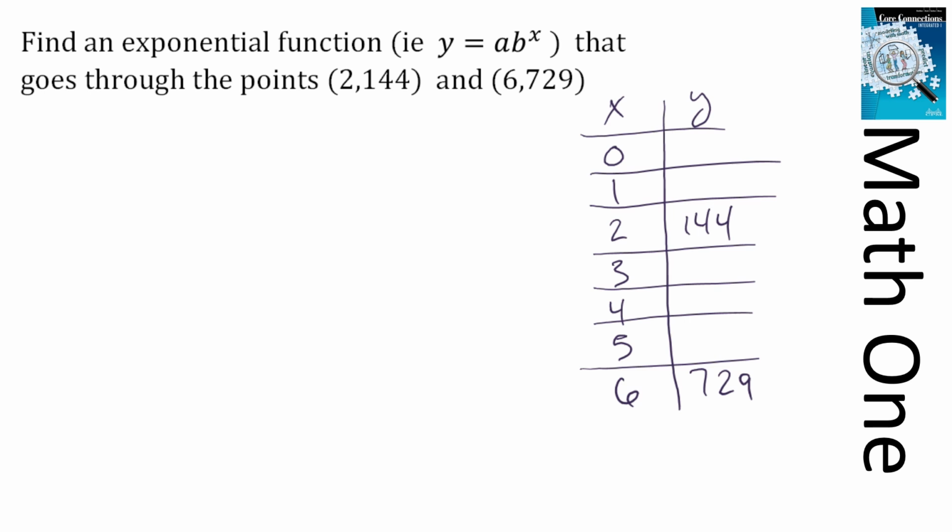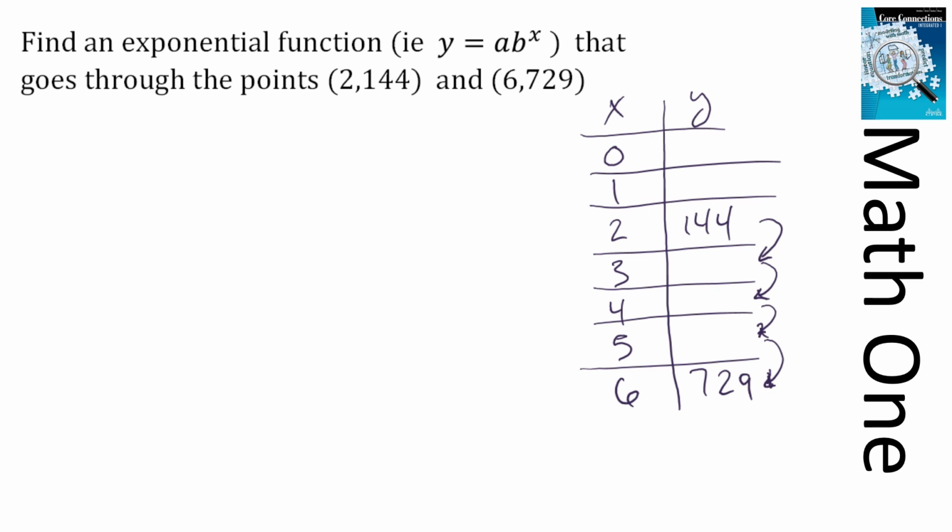Now, I know that there's some multiplier b, and I don't know what it is, but I do know that if I take 144 and I multiply by b 1, 2, 3, 4 times, I would get 729. So that gives me a real simple equation.